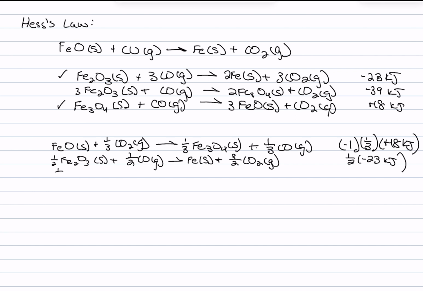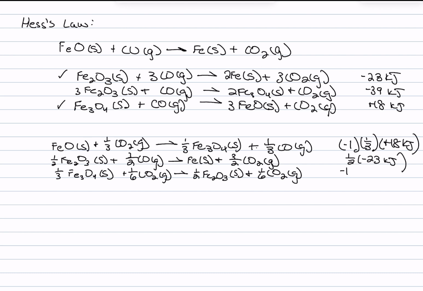So we end up needing to flip the second reaction and divide that by 6. And so we get 1/3 Fe3O4 solid plus 1/6 CO2 gaseous goes to 1/2 Fe2O3 solid plus 1/6 CO2 gaseous.